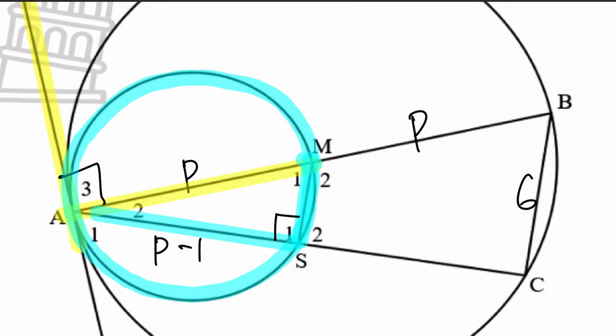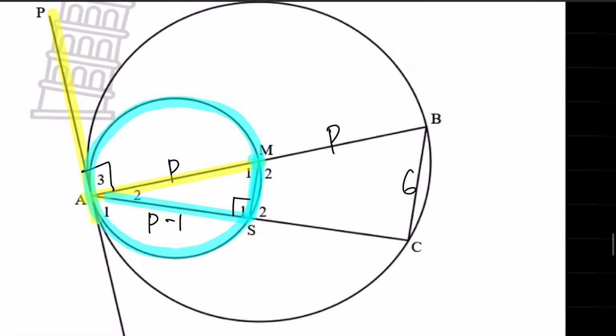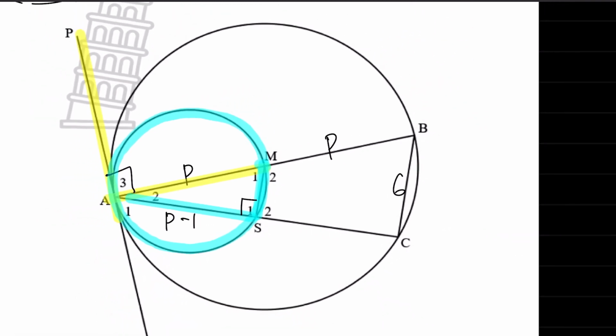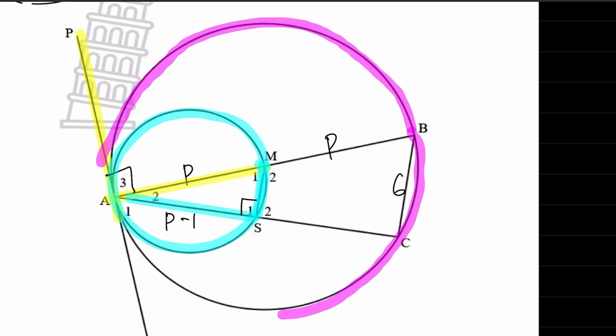I think the better option would be the tan chord theorem here. Next, we can do the same thing for the larger circle, the circle right here. Now, since we know that AB is the diameter, we can use angles in a semicircle. That means that angle C is also going to be 90 degrees. So we got our three angles, they are all 90 degrees. Okay.